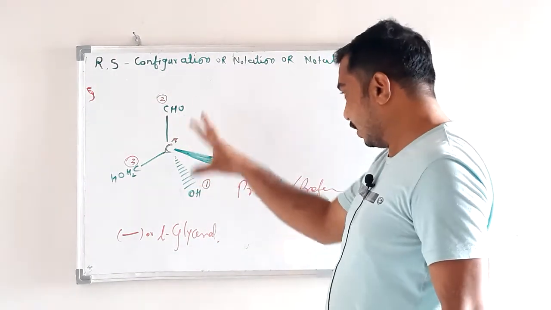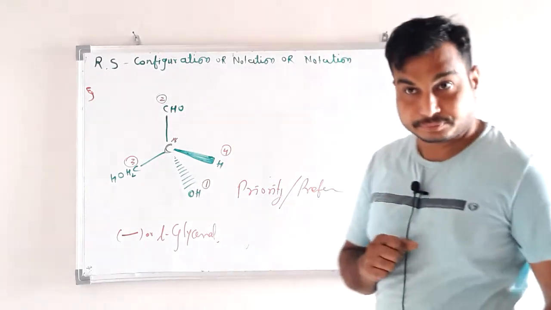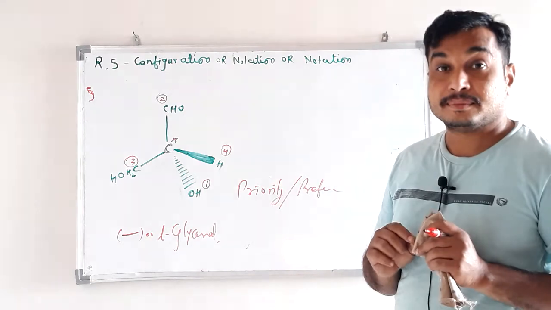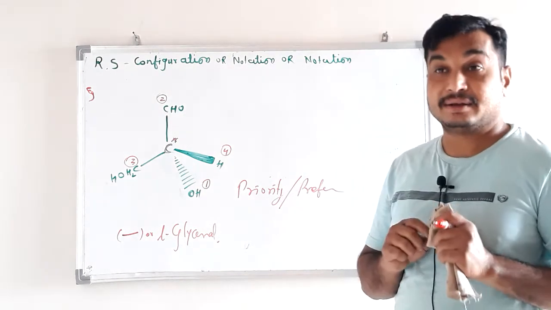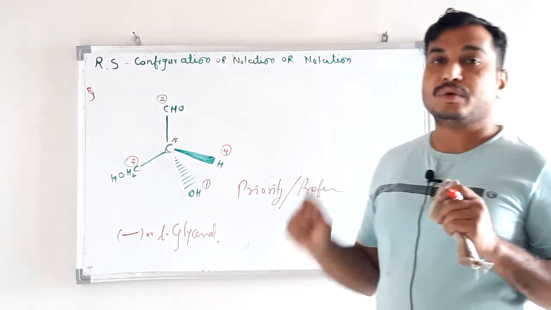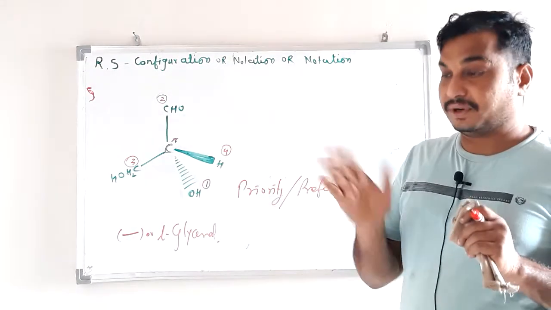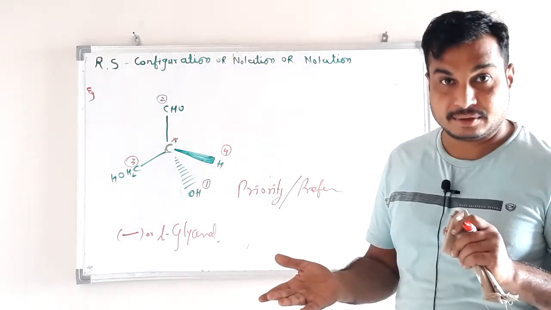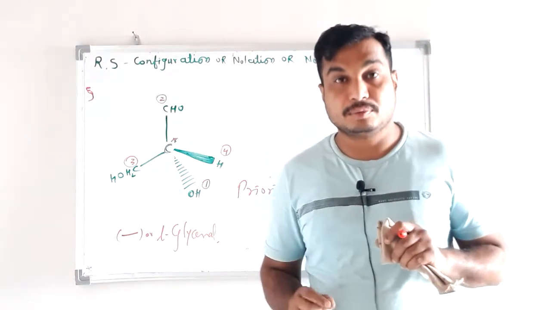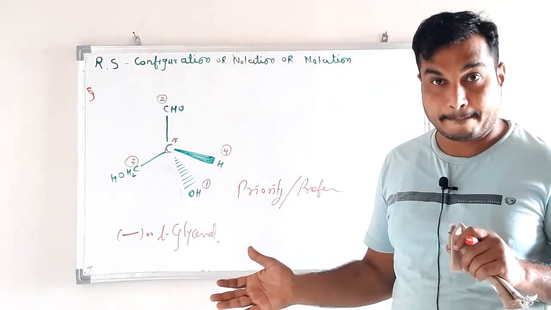So priority is given. Now in the next step we have to identify whether the lowest priority group is on the front side or back side, and in this system the lowest priority group must be on the back side.